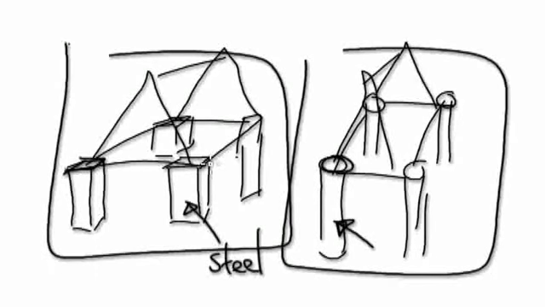Which one would be cheaper? Meaning, which one would use less steel, less material? So here you've got four squared pillars. Here you've got four cylinders, if you like.